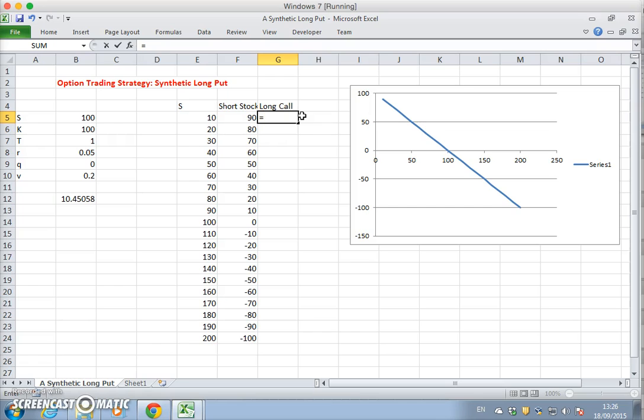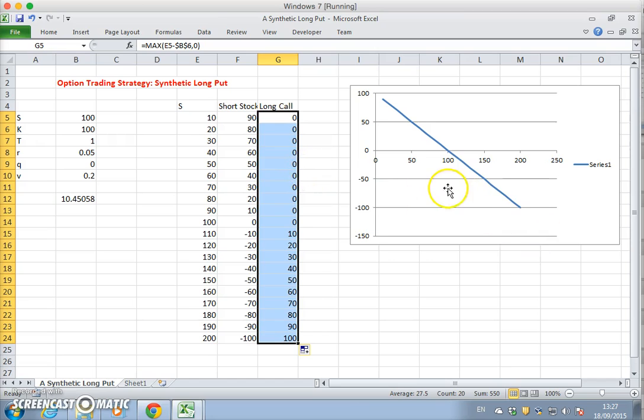So let's make our long call. A long call position is equal to the maximum of the stock price minus the designated exercise, F4, comma, 0, close brackets, and we can pull that down.